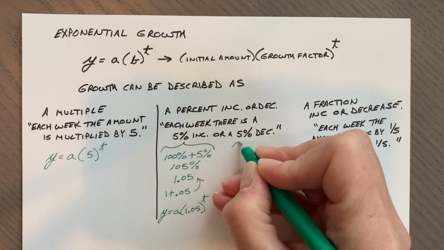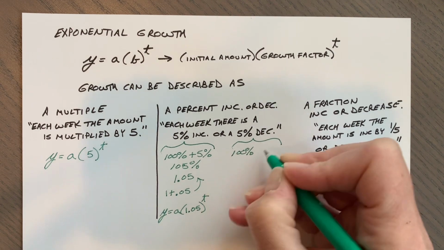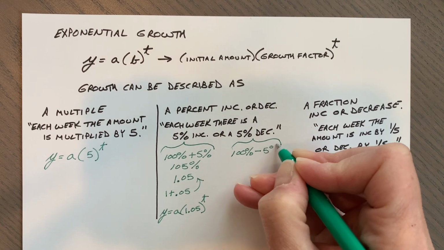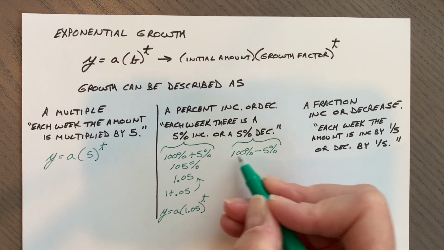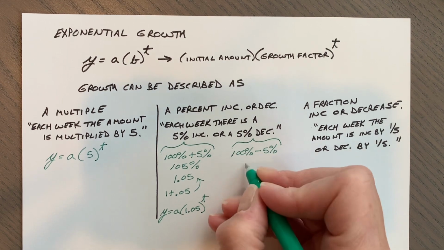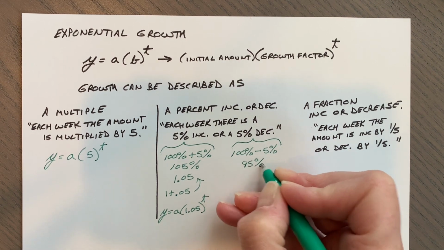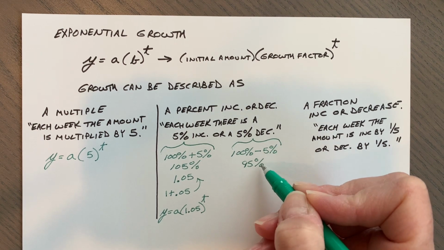Now, if we had a 5% decrease, that means from our 100%, we took away 5%. So if we're decreasing, we're going down below 100% of our original amount each time. So that gives us a 95% growth rate. This would be a decrease.